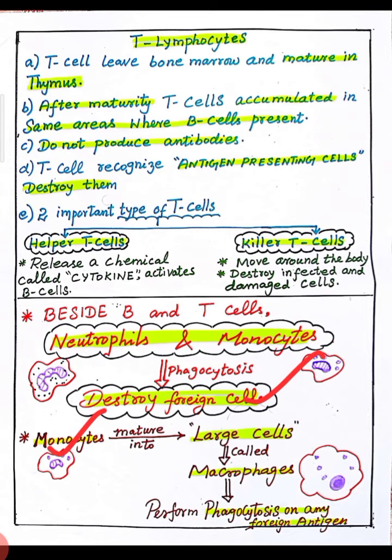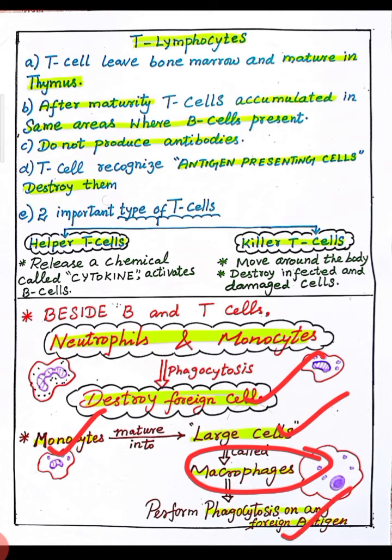Monocytes mature into large cells called macrophages. When monocytes mature into large cells called macrophages, they perform phagocytosis on any foreign antigen. They are liberated as macrophages during the time of infection or antigen entry, and then start to phagocytose the foreign antigen.